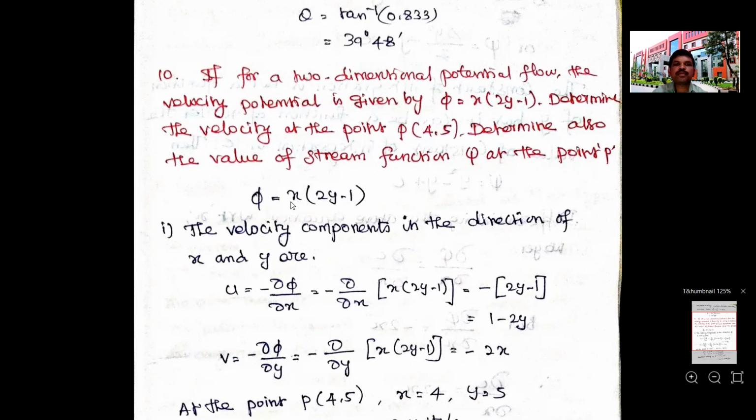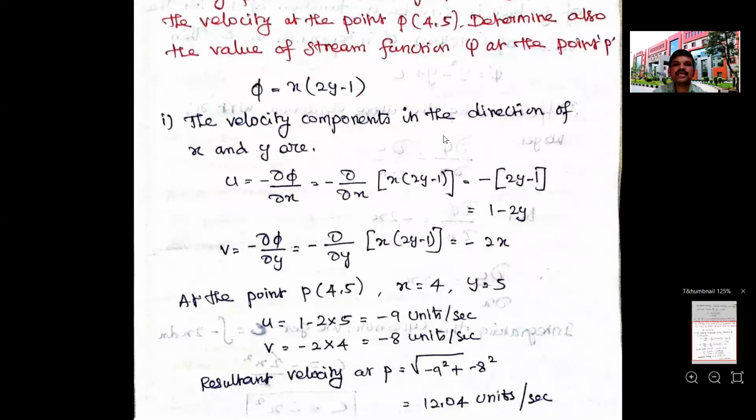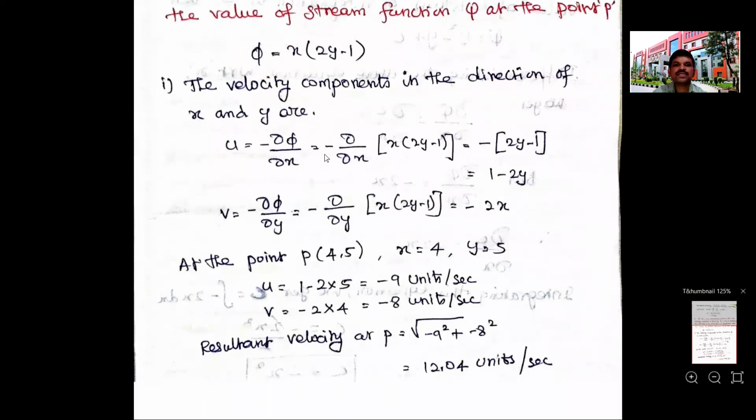So phi is equal to x into 2y minus 1. What are the velocity components in the x and y directions? u is equal to minus dou phi divided by dou x. What is the phi value? x into 2y minus 1. The partial derivative gives u equal to 1 minus 2y.